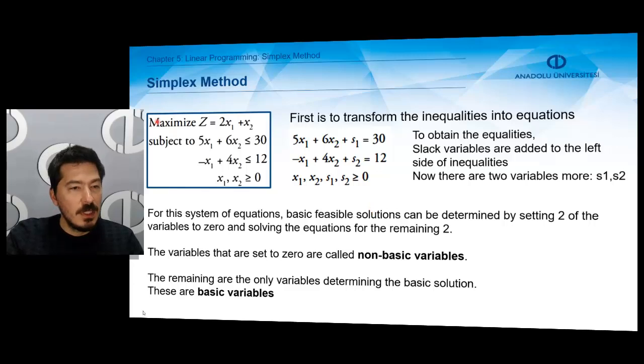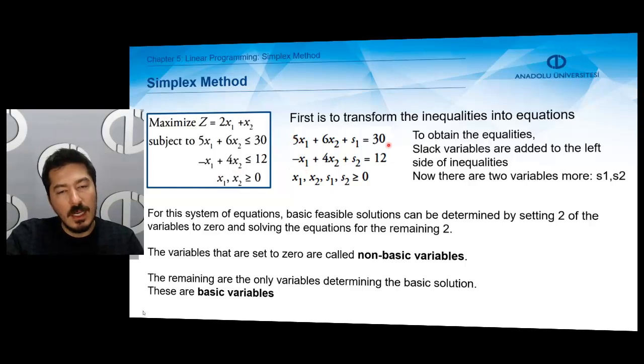Here at the top, given in the blue frame, we have an example linear program. To solve this with Simplex Method, the first thing to do is to transform the inequalities into equations. When we look at this example linear program, we see all the constraints are inequalities. So to obtain the equality forms of these constraints, we add slack variables to the left side of these inequalities.